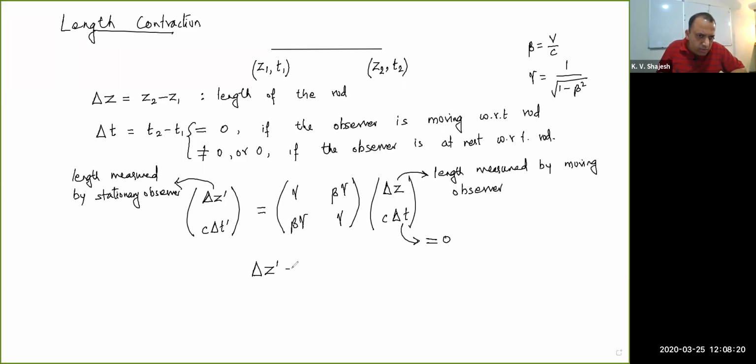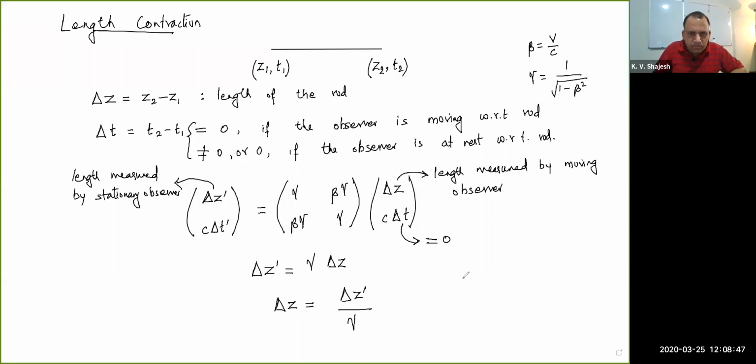Delta z prime is equal to gamma times delta z. So remember, delta z is the length measured in the moving frame. So let's write it on the left-hand side: delta z is delta z prime over gamma.